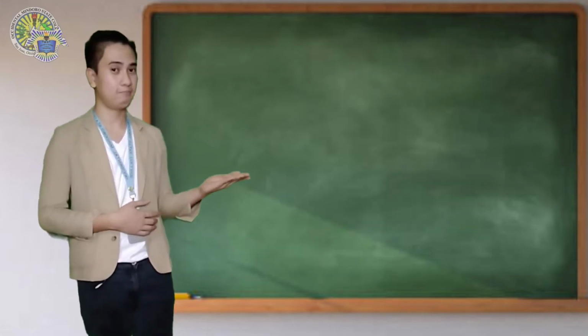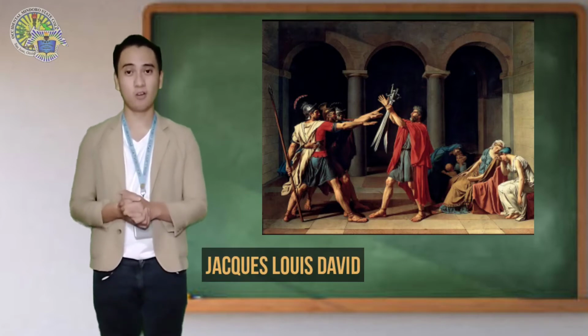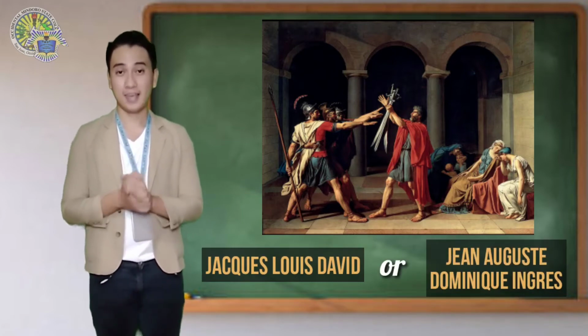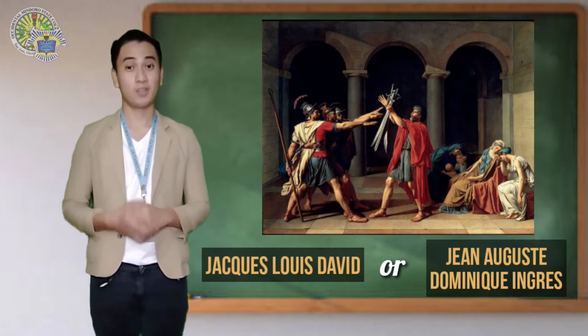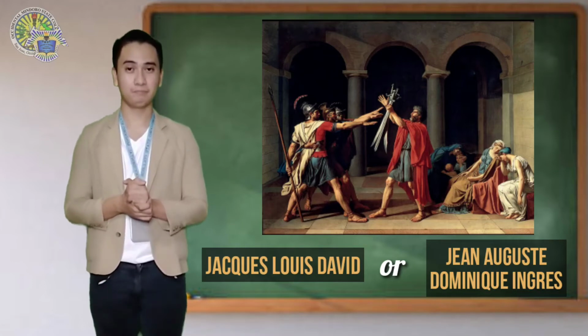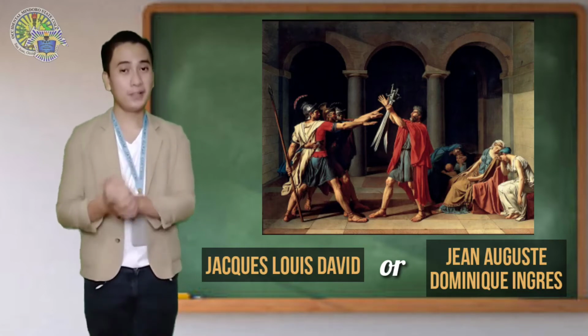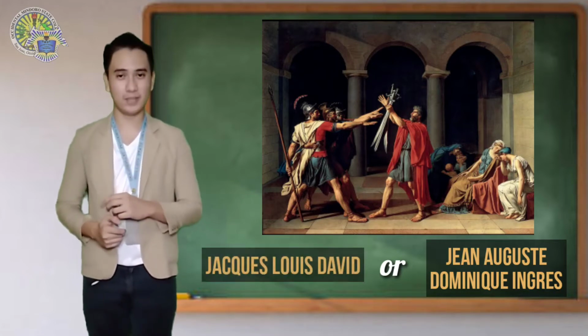Okay, next picture. Who do you think created this? Is it Jacques-Louis David or Jean-Auguste Dominique Ingres? Guess who? Do you pick already your answer? If your answer is Dominique Ingres, better luck next time because the correct answer is Jacques-Louis David.